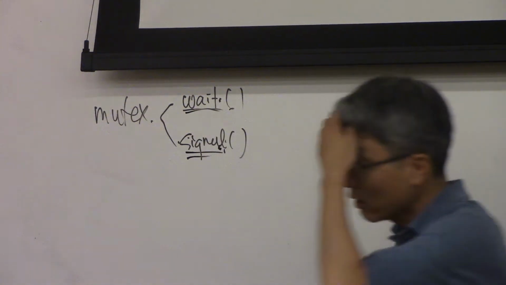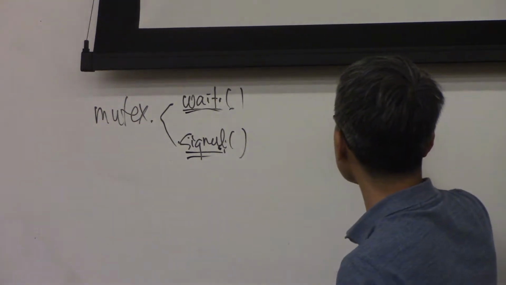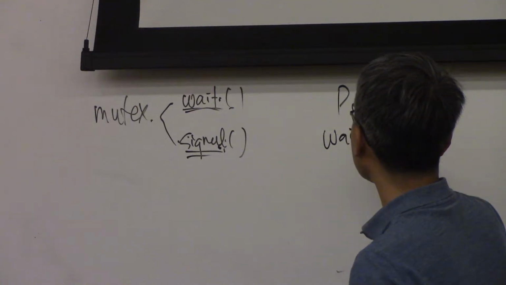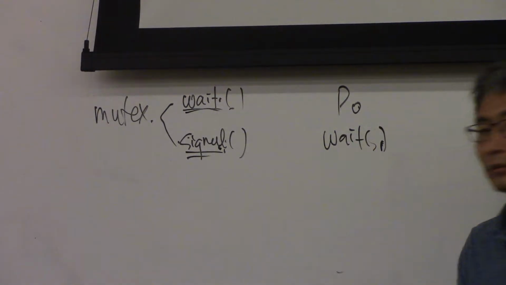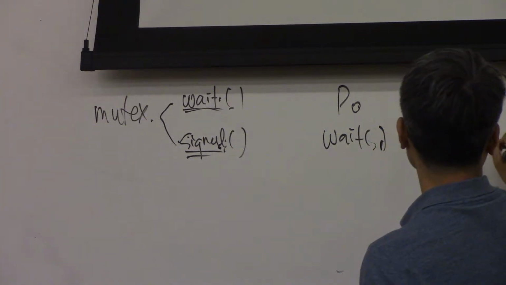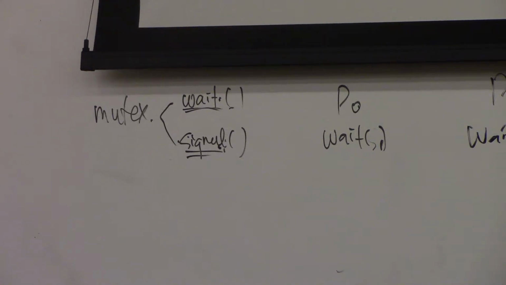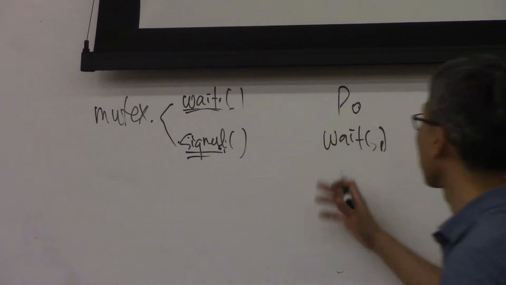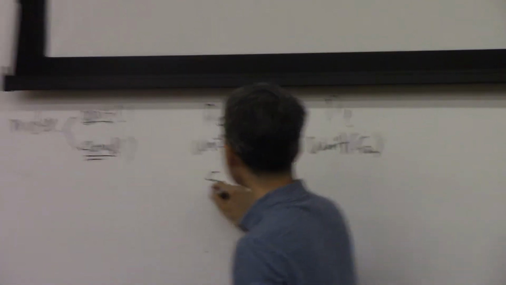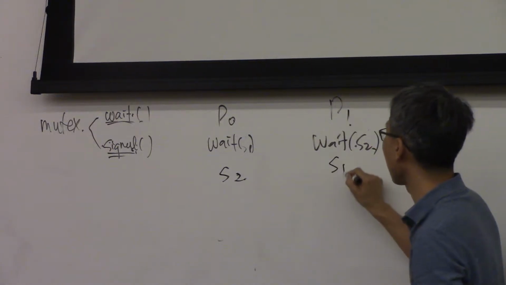So this is the operation. For example, process 0 waits for shared data 1 to get it, and P1 waits for shared data 2. Then P0 needs S2, and at the same time P1 requests S1.